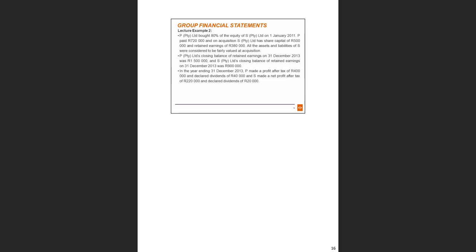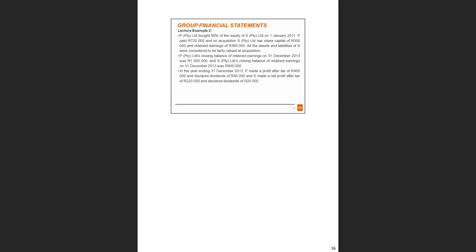This 380,000 Rand is retained earnings on acquisition date, so this is going to show the pre-acquisition retained earnings. Okay, good. All the assets and liabilities of S were considered to be fairly valued at acquisition date.